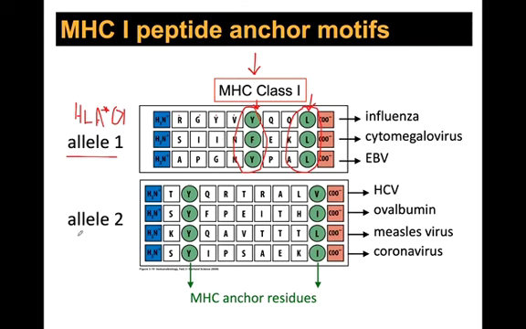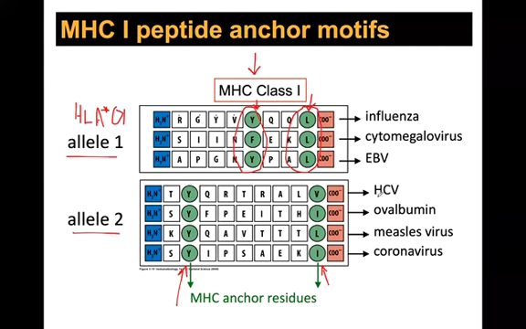If you have HLA-A02, here we just call it allele 2, it has different anchor residues. There's a strong preference for a bulky tyrosine residue at position 2, and a strong preference for a hydrophobic, smaller amino acid at position 9. Okay, so those are the anchor residues for allele 2.